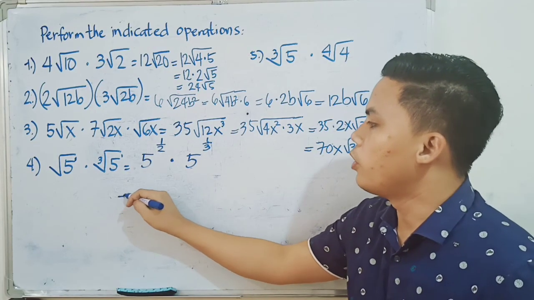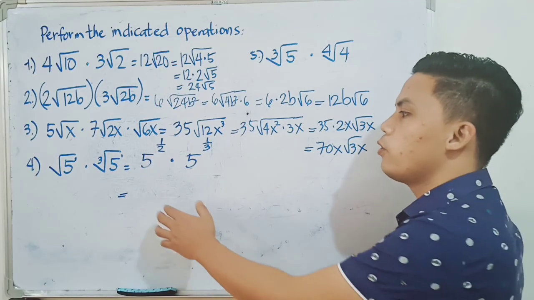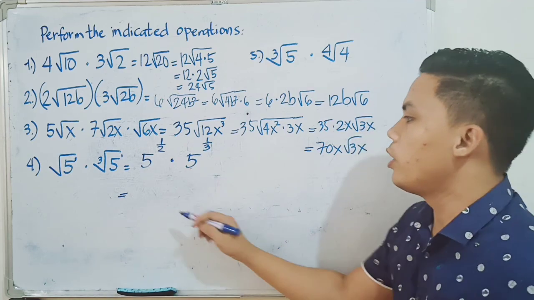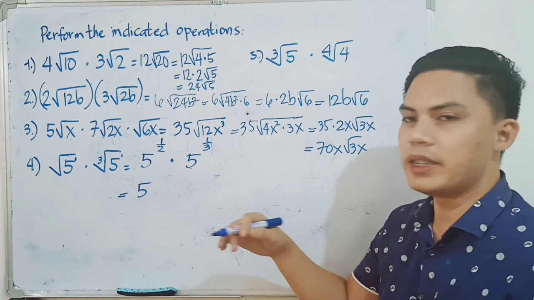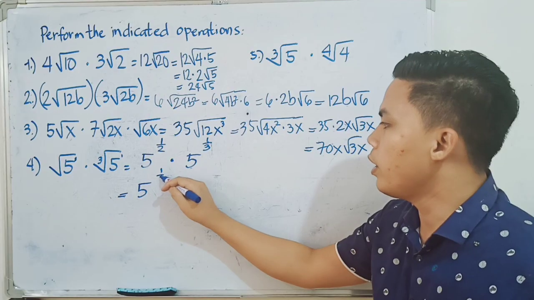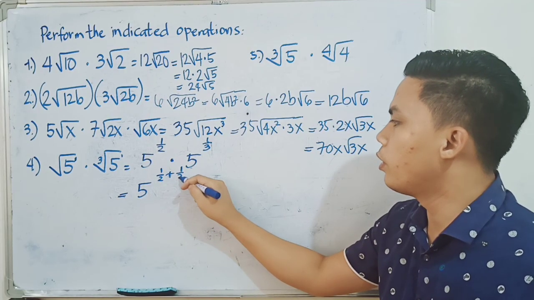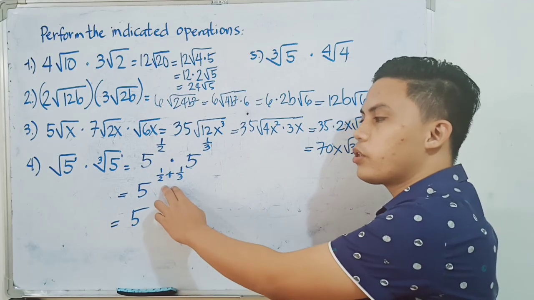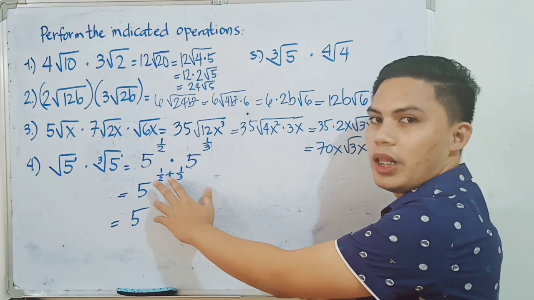Okay? Then using the laws of exponents, using the product rule, kasi nga same sila ng base, all we need to do is to copy the base, then add the exponents. So 1/2 plus 1/3. Then, since dissimilar fractions yung dalawa, kukunin natin yung LCD nila.